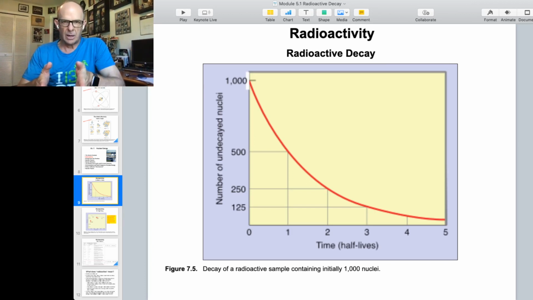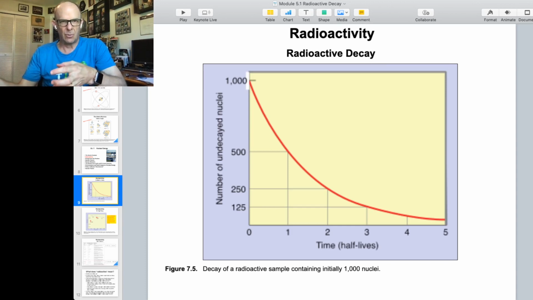I've still got 500 of the original thing. If I wait another year, half of those will have decayed. That's another 250 will have decayed. That means after 2 years, I would have 250 left of the original nuclei, 750 would have decayed. Now, if I wait 1 more year, half of those 250 that are remaining will decay.